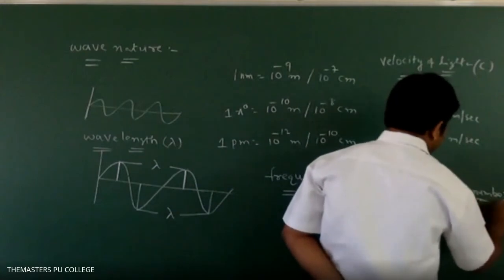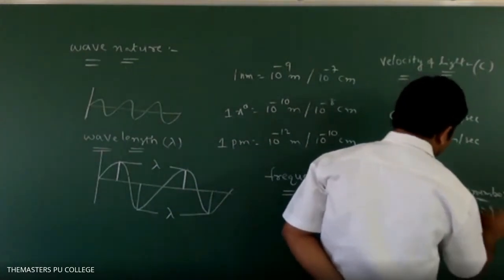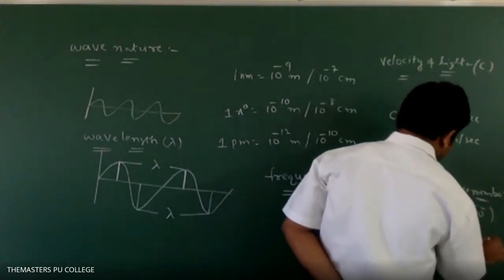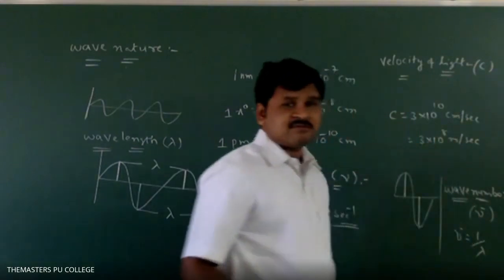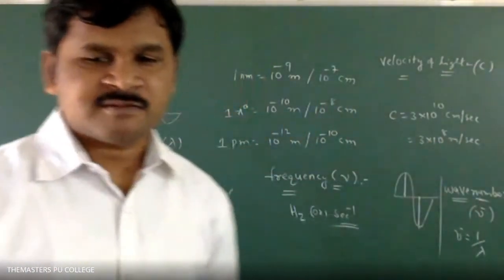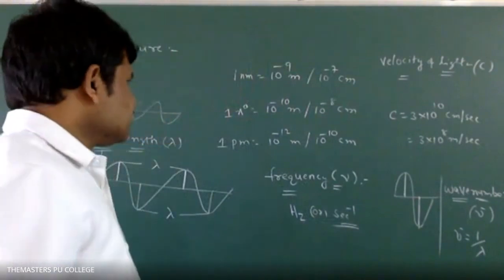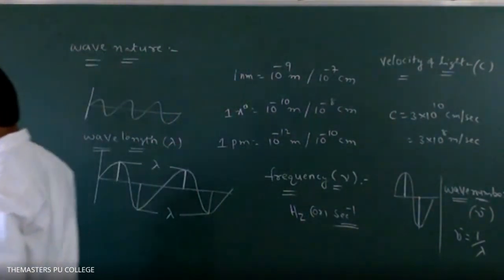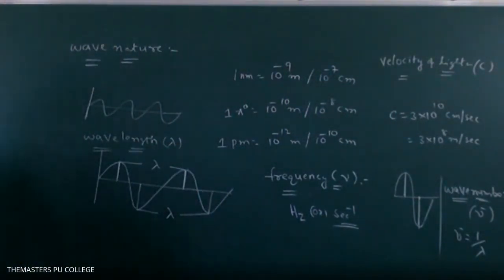Yes, sir. Wave number, nu bar, is equal to 1 by lambda. So this is about the properties of wave. So please make it fast. Meters or centimeters for amplitude.